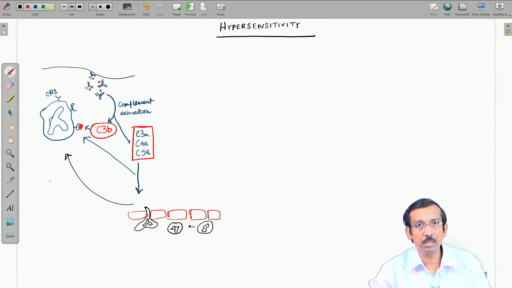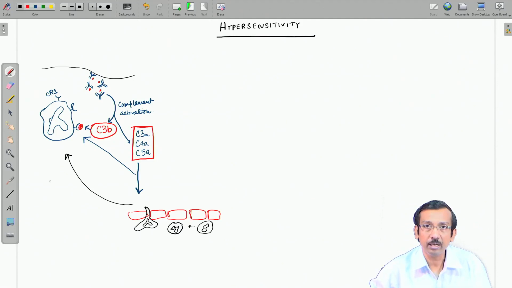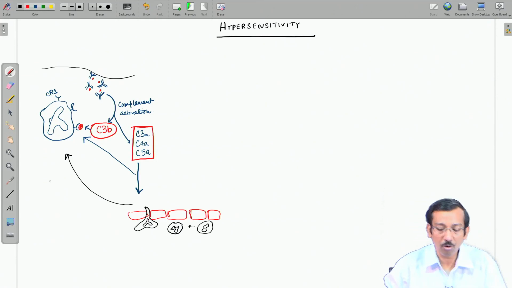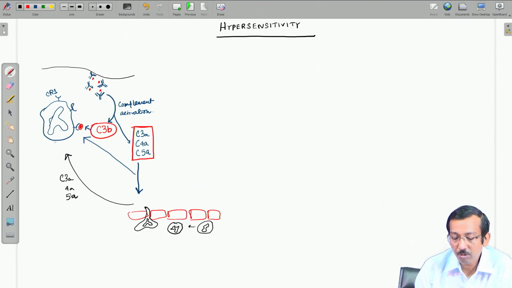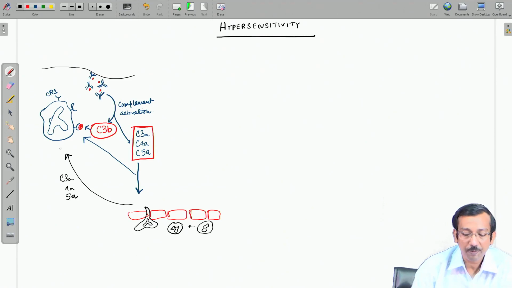These smaller, soluble complement cleavage products, the C3a, C4a, C5a, can act as chemoattractants and attract more neutrophils to the site of action.